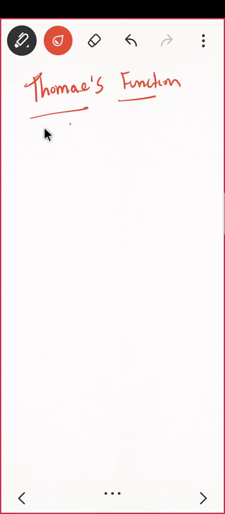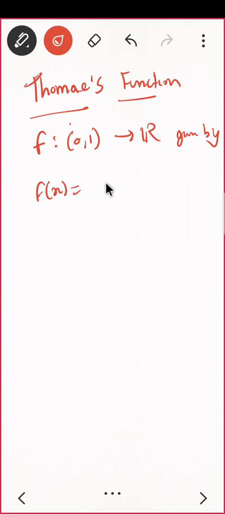What this function is, is quite special. That is a function f from 0 1 to R given by f of x is equal to 0 when x is irrational, and it is 1 upon q when x is rational.